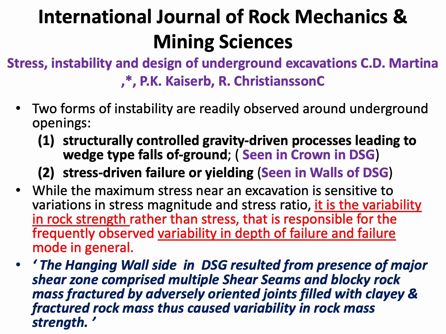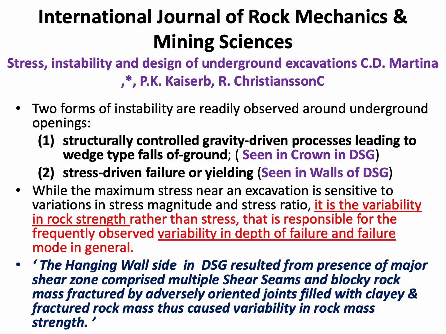Because of the presence of adversely oriented joints filled with clay and fractured rock mass, they caused variability of rock strength. Now this variability in rock strength is responsible for frequently observed variability in depth of failure.